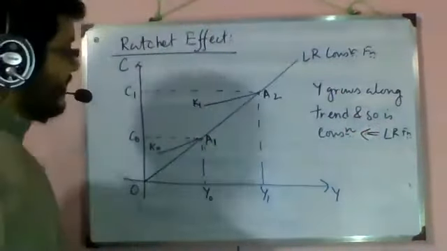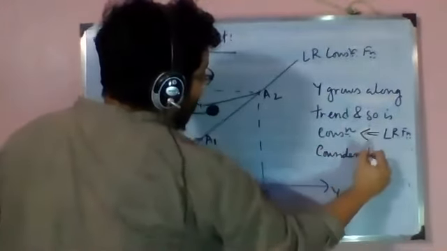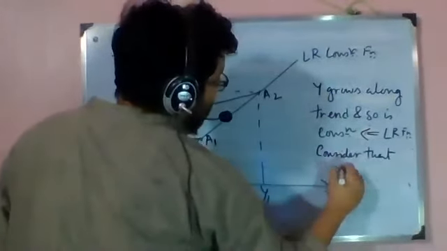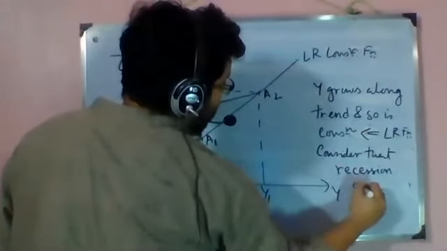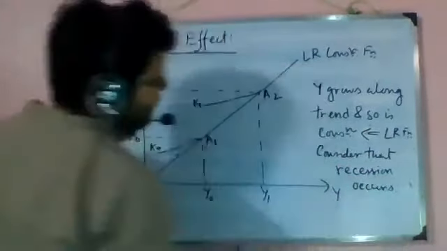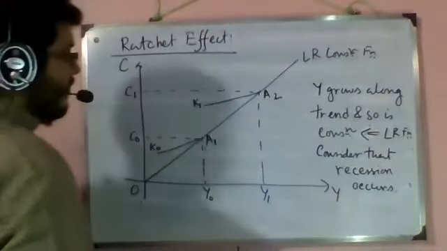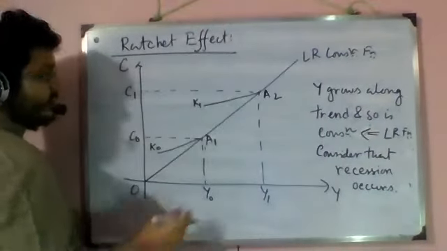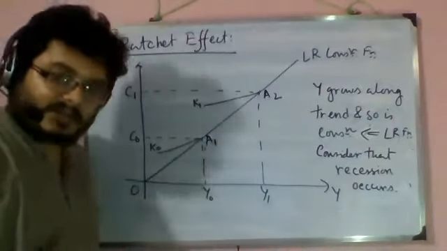Now, consider that a recession occurs. Okay. So in recession, what will happen? There will be a reduction of income, but reduction of consumption is difficult.